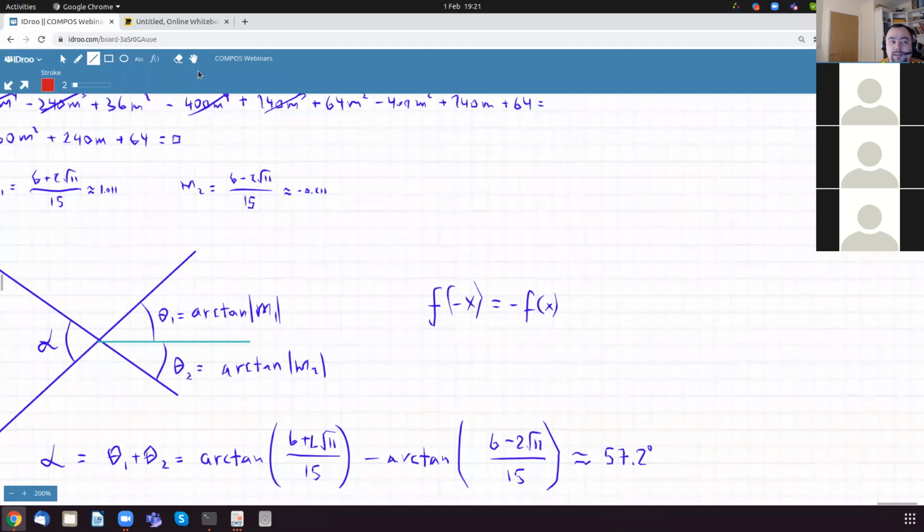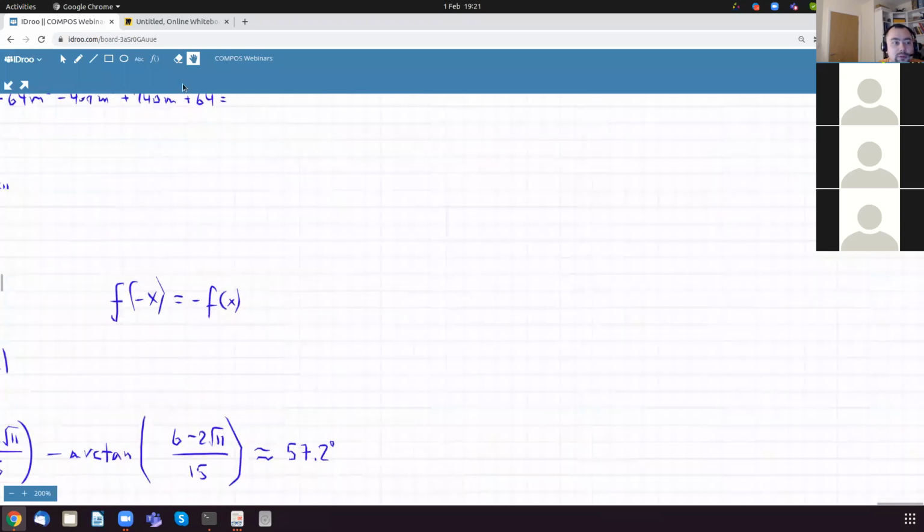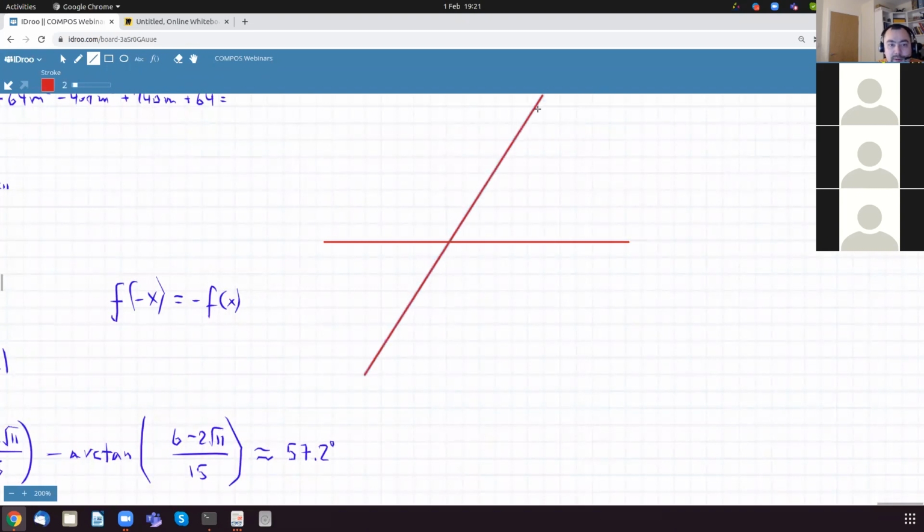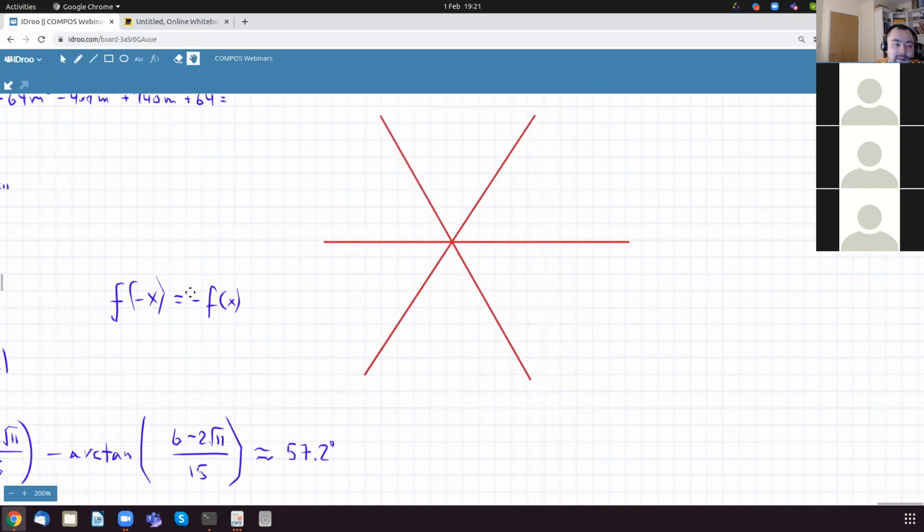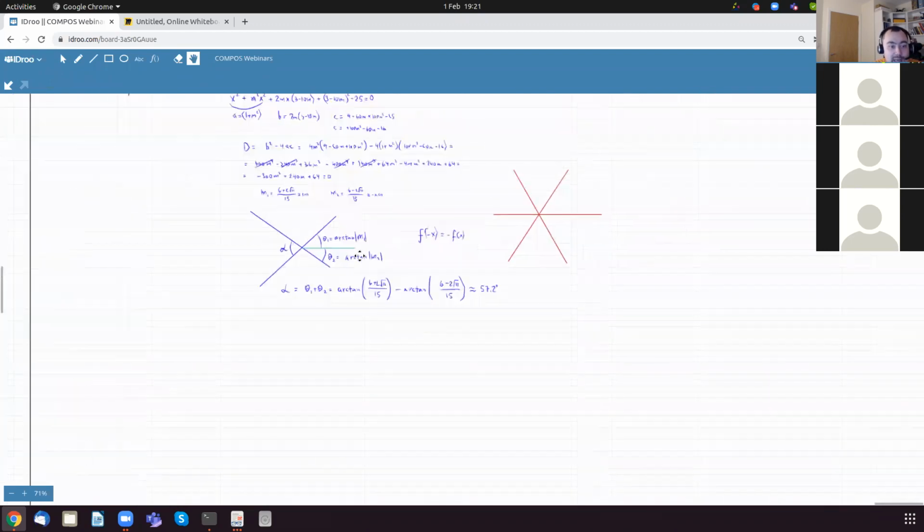Is that making sense? Oh, I see. So you just pretended that it was positive, and then the arctan would have the same value. Yes, I took the mirror version of that line and pretended it's positive, and that made my life simpler.